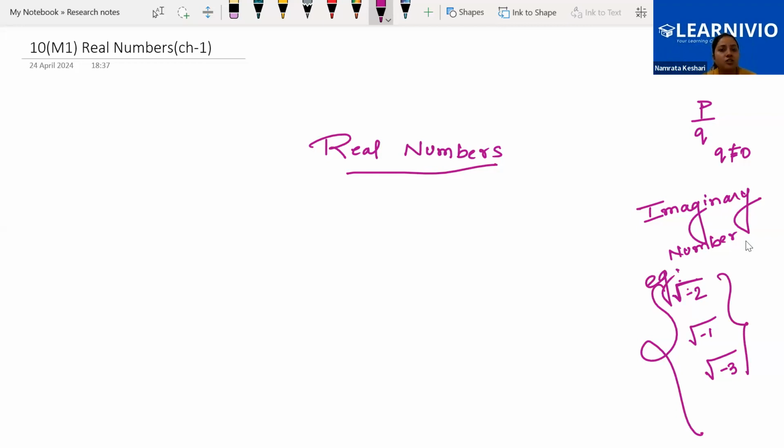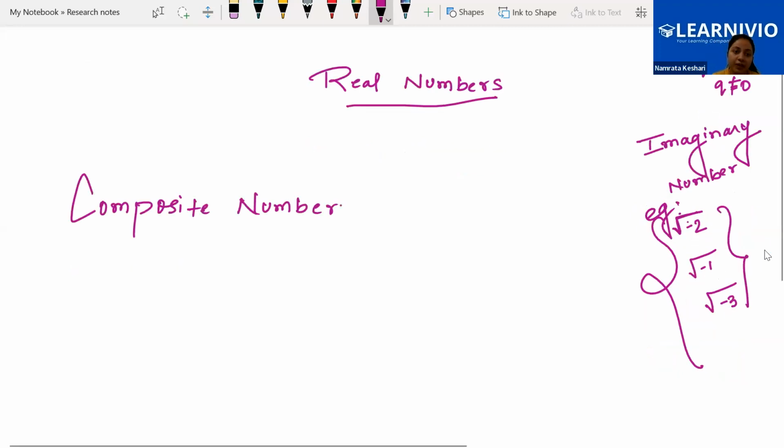Most of the terminology we will discuss today you will think is already known to you, but we will talk about it in detail. The first concept we are going to discuss is what is a composite number, and what is a prime number.